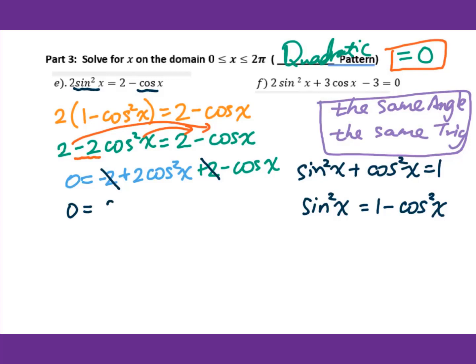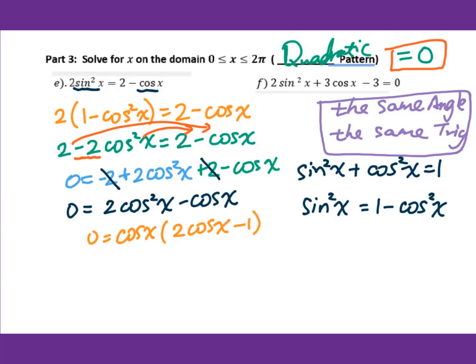Therefore, we got 2 cosine squared x minus cosine x. You have to use a common factor to factor this. We got cosine x times 2 cosine x minus 1, and this is equal to 0.